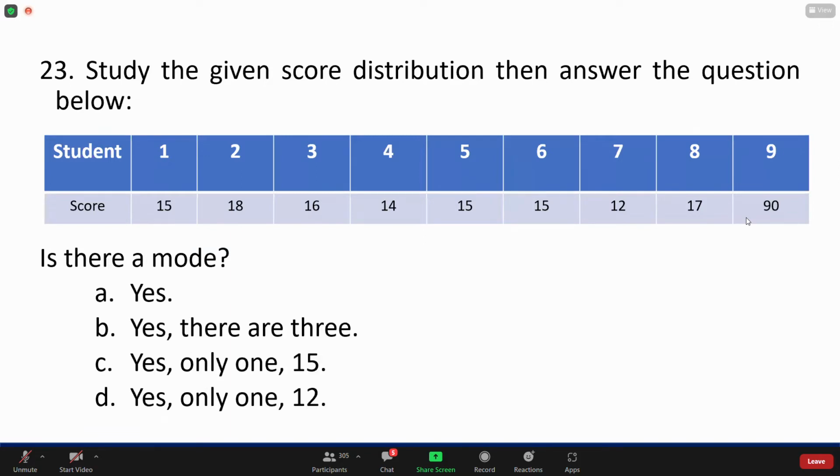Next number, study the given score distribution, then answer the question below. Is there a mode? Letter A, yes. Letter B, yes, there are 3. Letter C, yes, only 1, 15. Letter D, yes, only 1, 12.